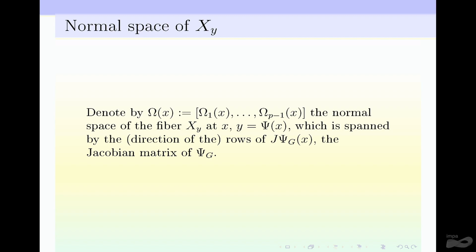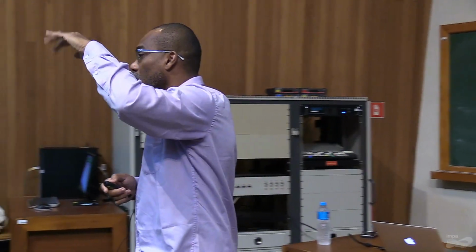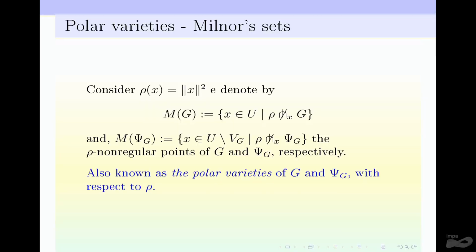Of course, we already know that this space is spanned by the Jacobian matrix of psi g. Each omega j has the direction of the gradient of each coordinate function of psi g. So that's also the basic stuff.